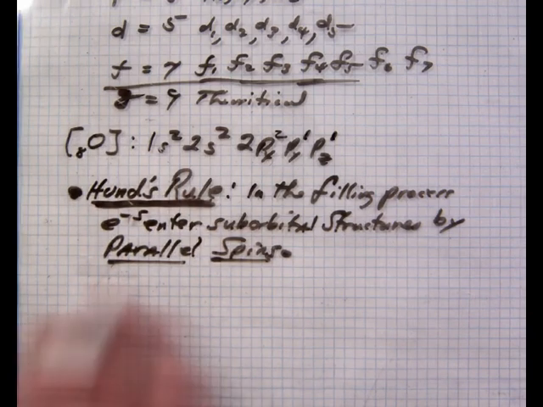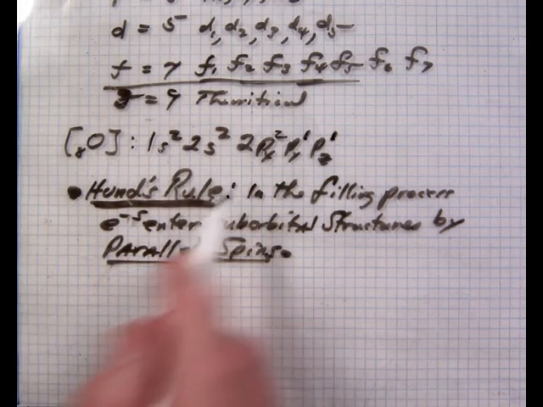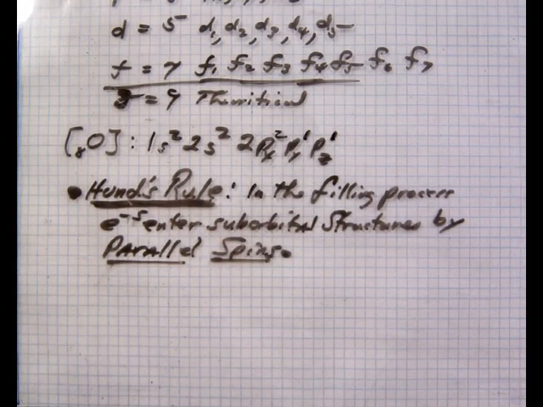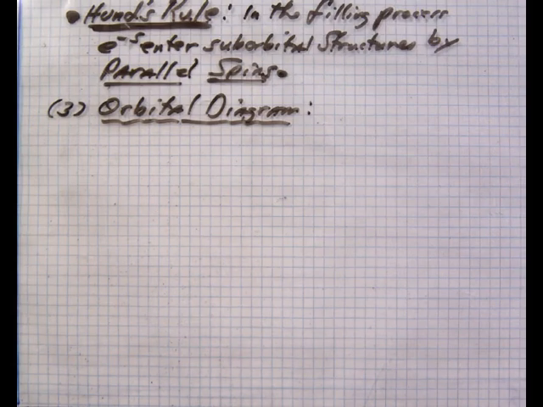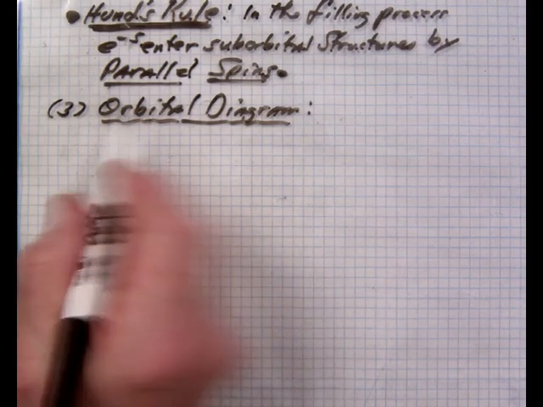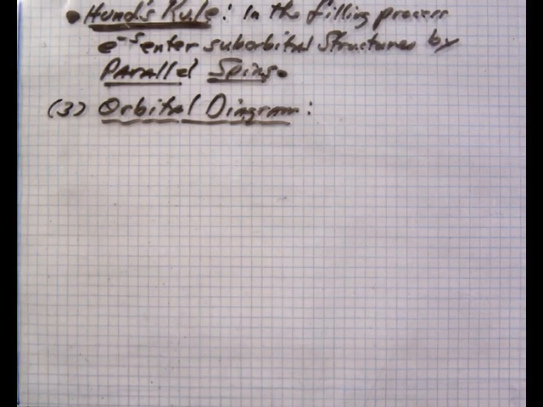Now, that is the expanded configuration right here. Now, the orbital diagram shows the orbital in a graphic context, and it looks like this.